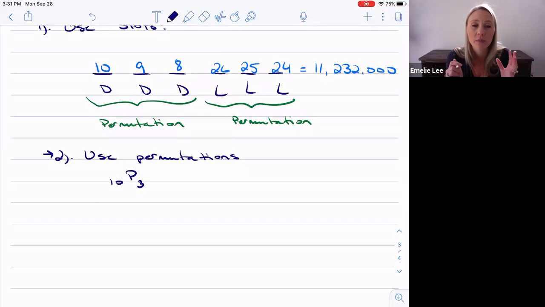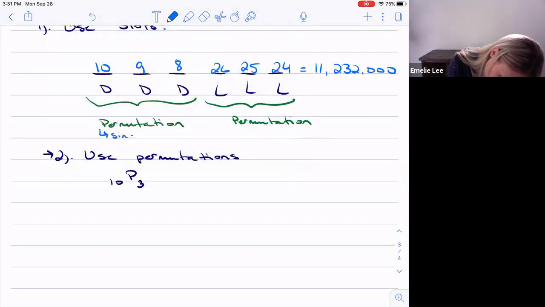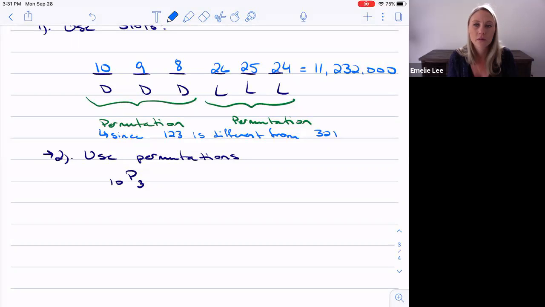So that's what I mean by order matters, right? Here, it's a permutation since, I guess I could have done 3. 1, 2, 3 is different from 3, 2, 1, right?